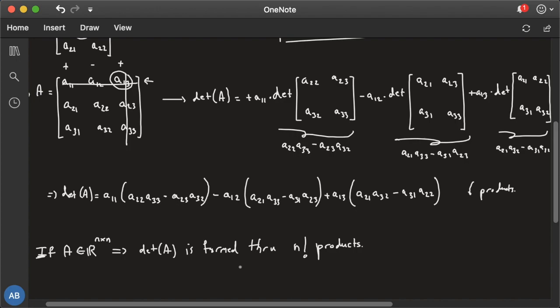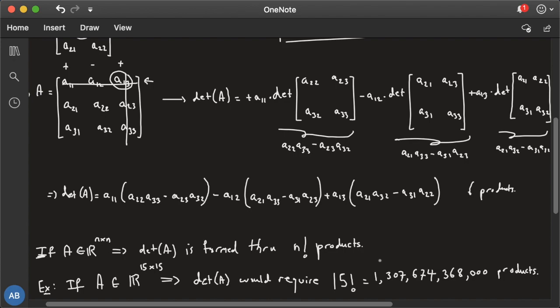Not easy. Now, to see that this is a really large number, go ahead and compute the number of products, not the complete determinant, the number of products of a 15 by 15 matrix, a moderate size. So for example, if A is just 15 by 15, then the determinant of A would require 15 factorial products, which is 1,307,674,368,000 products.